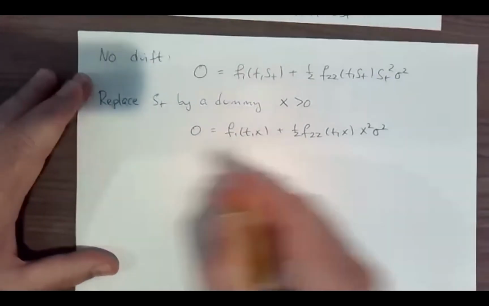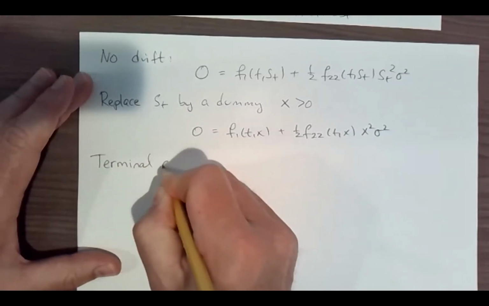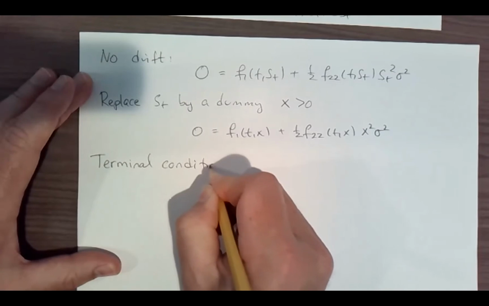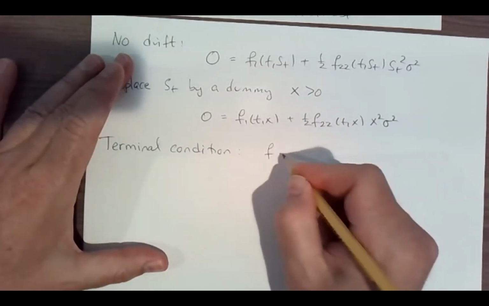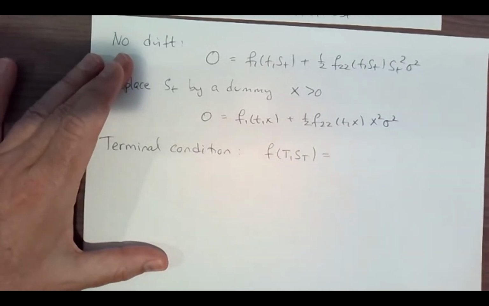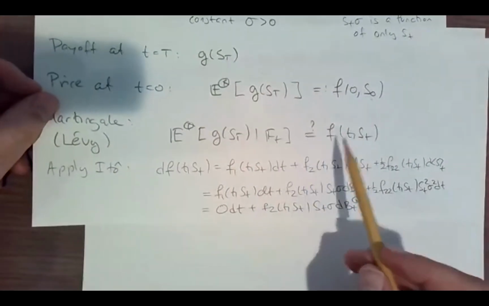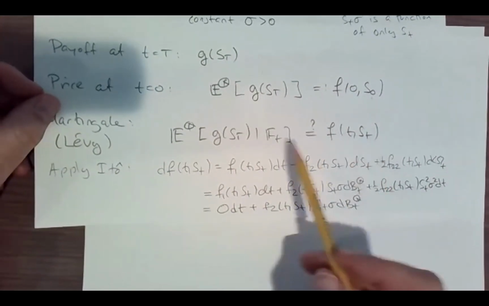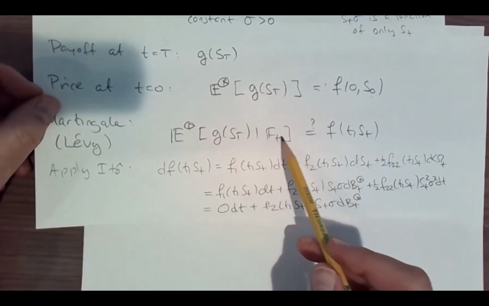So that's one part, and then we also have a terminal condition. So F of capital T comma S capital T. What is that going to be? Well, if I put in capital T here, then I get measurability because S capital T is F capital T measurable.